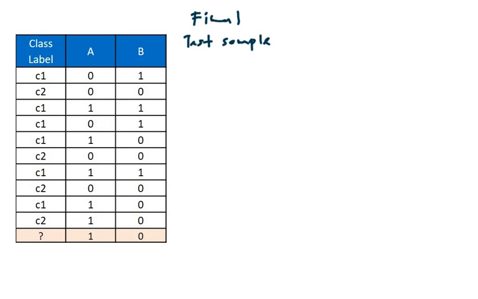This is our test sample, where A equals 1 and B equals 0, and then you want to predict what is the class that it's going to give you. So let's try to do this.